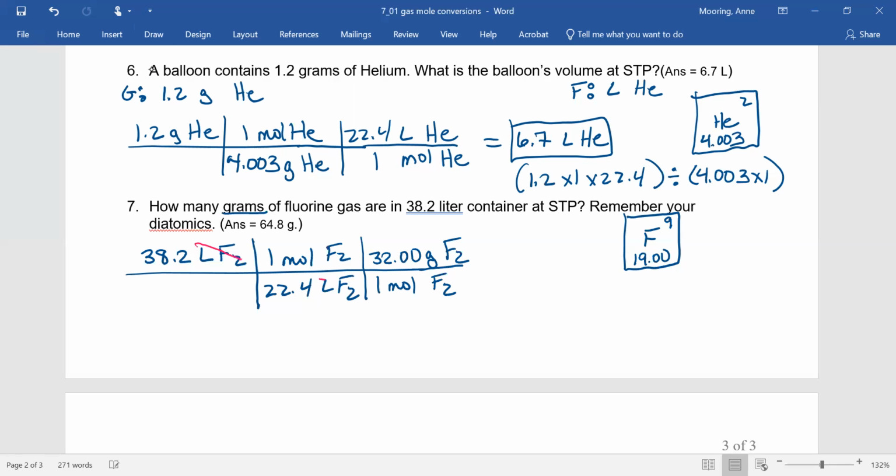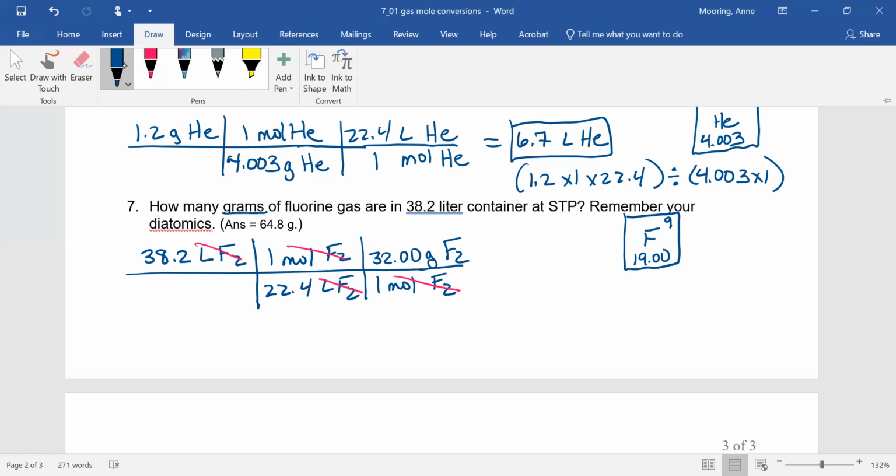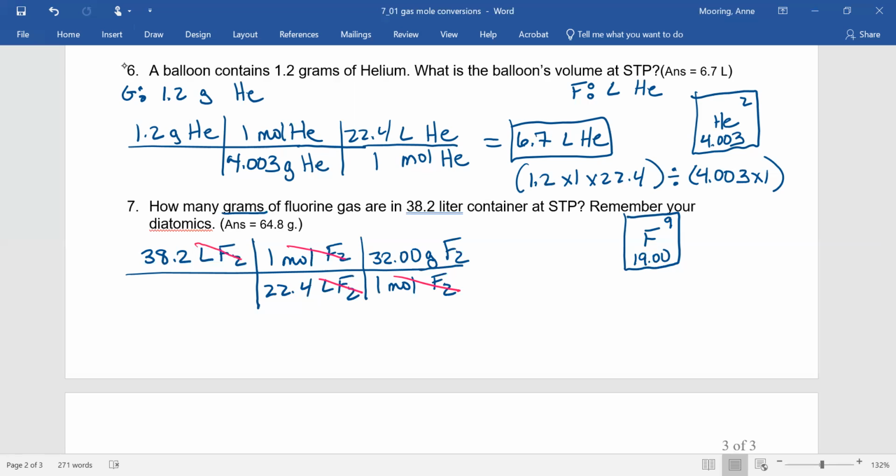Liters of fluorine, moles of fluorine, moles of fluorine. And we're left with what we were looking for. We should have 3 significant figures based on the 38.2 liters. So we have 64.8 grams. Let's do one more example. So we've gone from liters to grams.